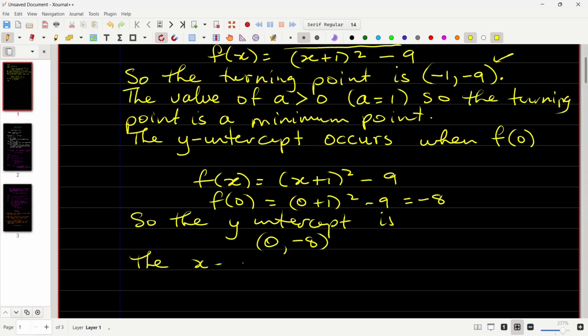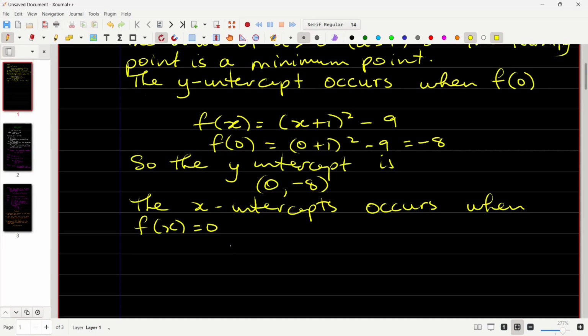The x-intercepts occur when f of x is equal to 0. So that means x plus 1 squared minus 9 is equal to 0. That means x plus 1 squared is equal to 9. That means x plus 1 is equal to plus or minus 3.